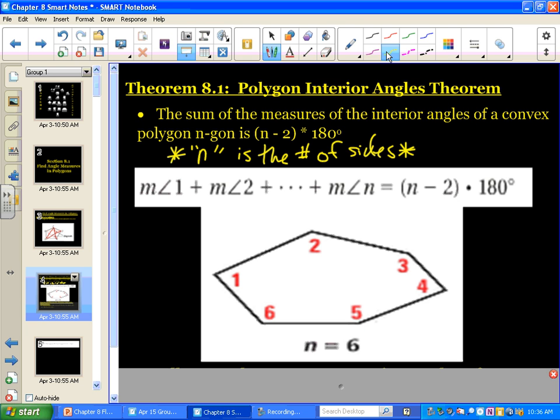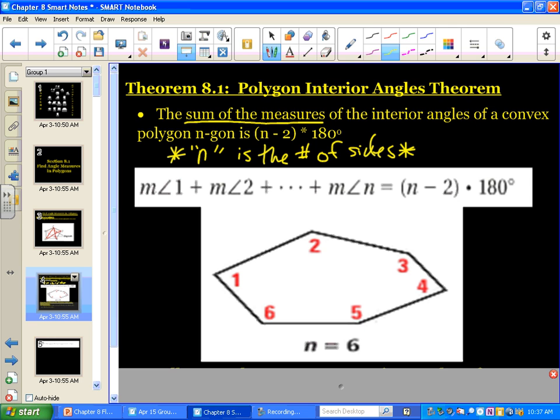Now, one thing to remember here is that this is the sum of the measures of the interior angles, the sum of them. So whatever you get with this formula, that's all the angles being added together. Now, another key word in here is convex. What does the word convex mean? This kicks us back to Chapter 1 again also. All exterior vertices, very good, yes.